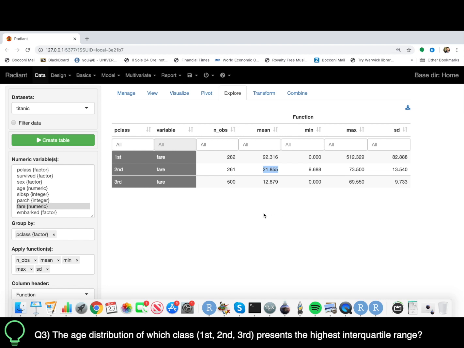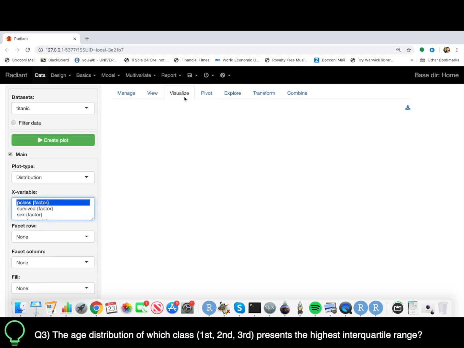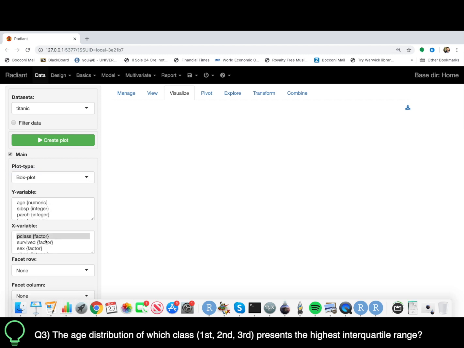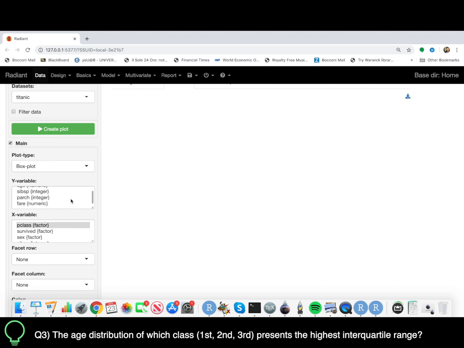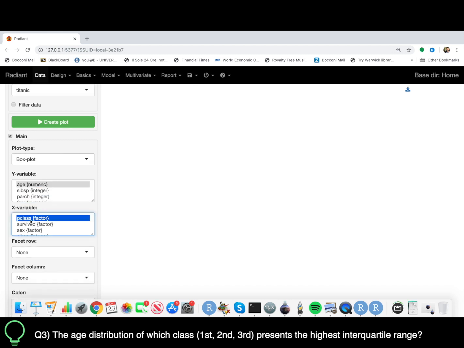Question number 3. The age distribution of which class presents the highest interquartile range? The first thing I can think of is just to look at the box plot, right? From the tab Visualize, Distribution, instead of histograms I want to look at box plots, and I want the box plot of the age in this case, and one box plot for each class.